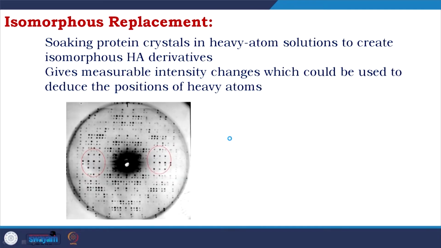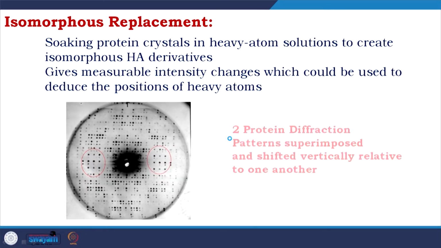And if you see, you will see that there are shifts. So, what is this picture? I showed this diffraction pattern in the last class also. Here one protein, beta lactoglobulin, and the same protein with a mercury derived crystal. So, one is the native crystal, one is the mercury added crystal, both data collected and merged.